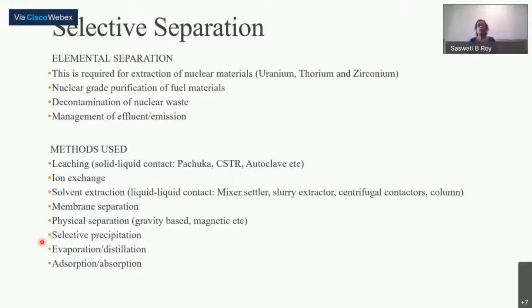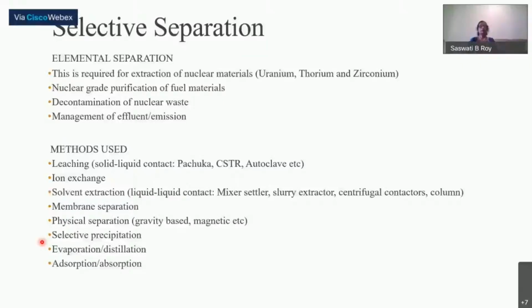So you have to have technologies with which you can selectively get uranium. When we go through uranium mining and processing, we will see that some are physical methods, some are chemical methods. Same for thorium and zirconium also. And then comes nuclear grade purity, for removing all elemental impurities even in trace quantities.